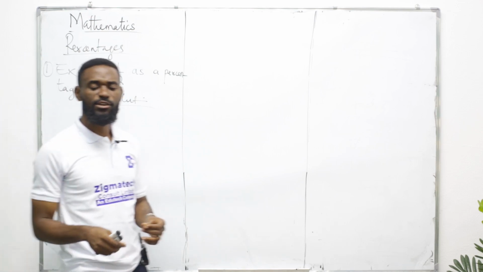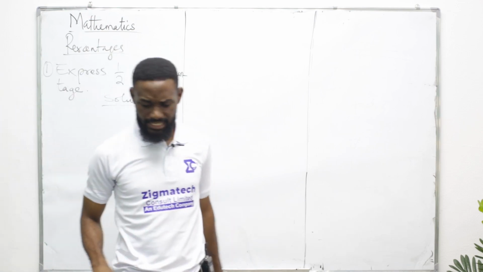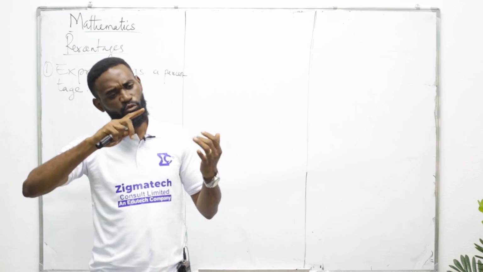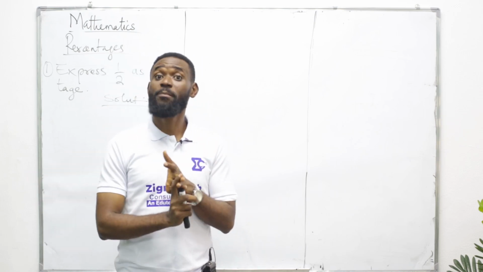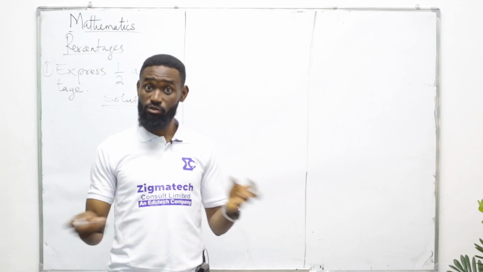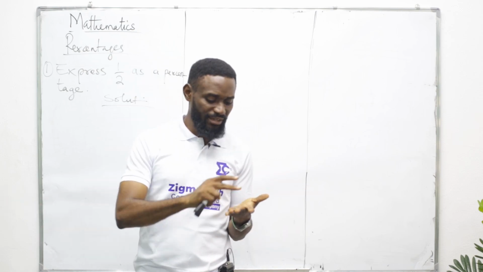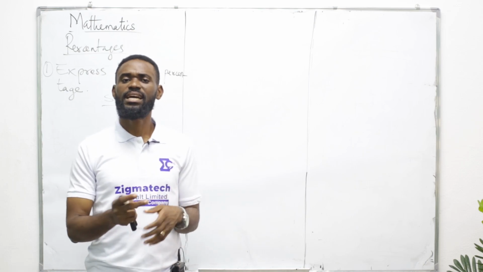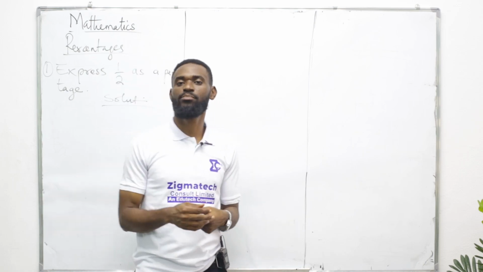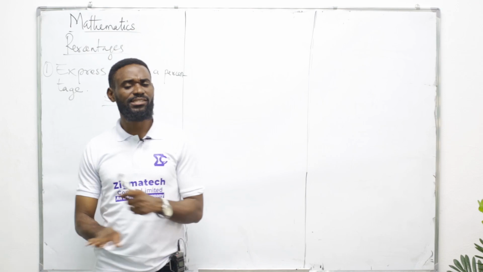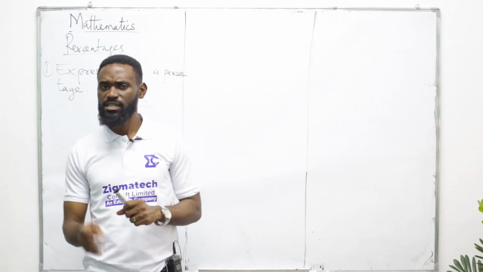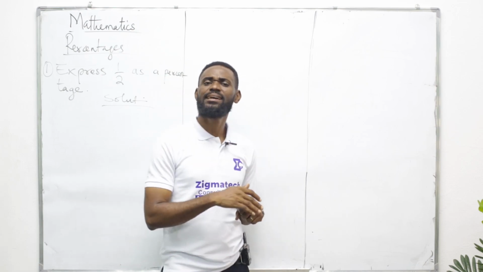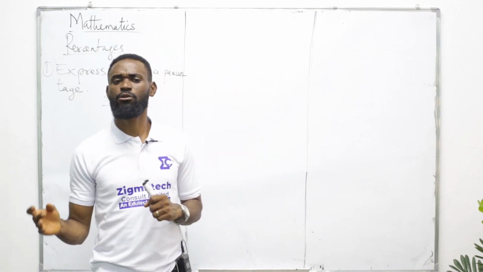Now, whenever you are asked to express a number, it could be a decimal number, it could be a fraction, it could be a normal rational number, like the normal real numbers. It may be a letter, it may be a symbol. Whenever you are asked to express anything as a percentage, it means multiply that particular thing by 100.